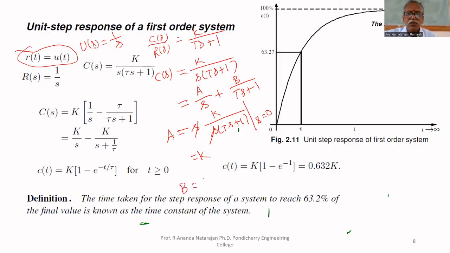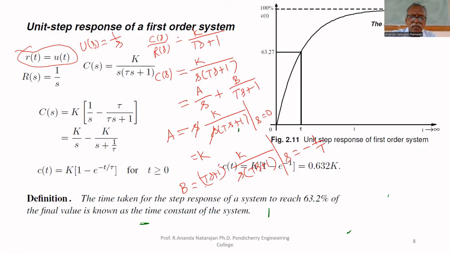Similarly, we have to find B also. B equal to tau s plus 1 multiplied by K upon s multiplied by tau s plus 1, where s equal to minus 1 by tau, because tau s plus 1 equal to 0 means s equal to minus 1 by tau.